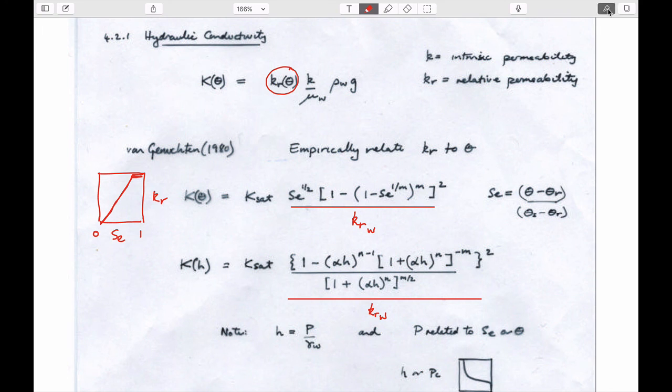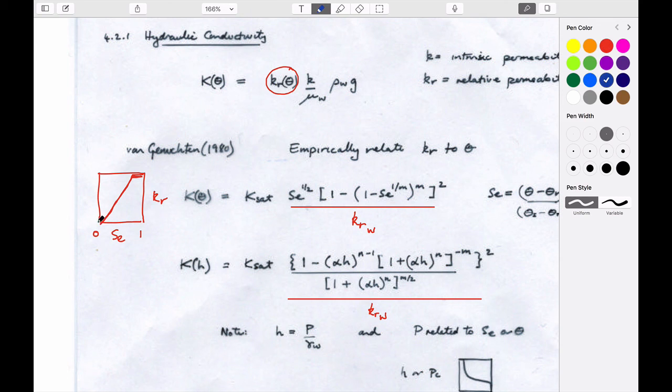But in reality, I guess we've also made the point that it actually doesn't quite look like that. Right? It actually looks more like this. So this relative permeability versus saturation curve is defined again as a function of these coefficients. The value of m, which is here, and that's it. Only the function of the value of m in this particular case.